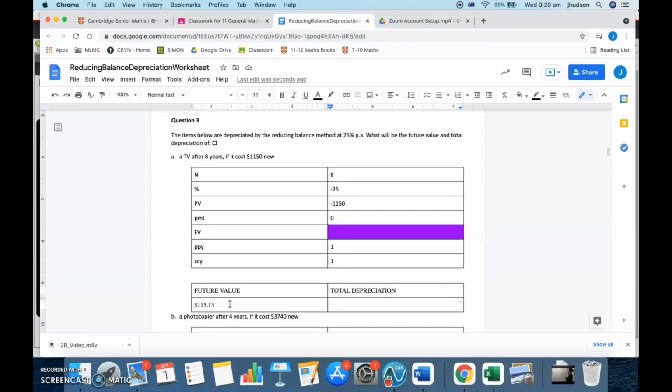So we could work that out by taking our initial value, 1150, and taking away the future value, 115.13. Once you've done that, your total depreciation is going to come to, let's see, $1,034.87. And we're done. That's how we would do it.